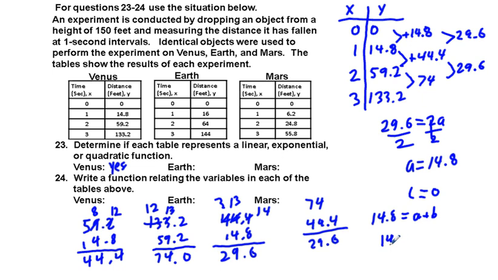So 14.8 is equal to 14.8 plus b. So therefore b is equal to 0. So our function, and I'm kind of running out of room here, our function for Venus, we say y is equal to a, which is 14.8 x squared. So that's going to be our Venus.